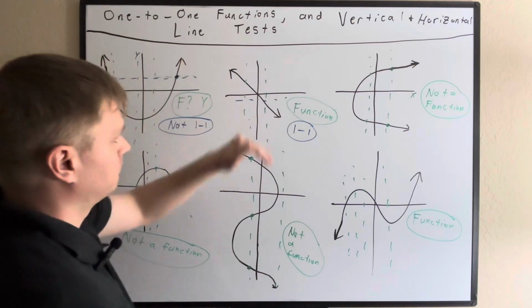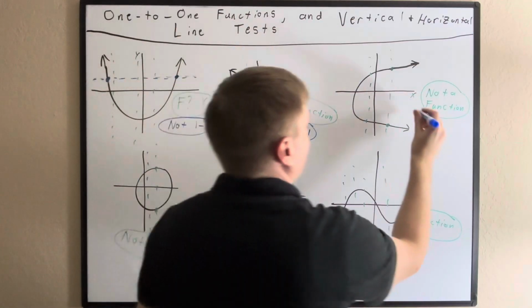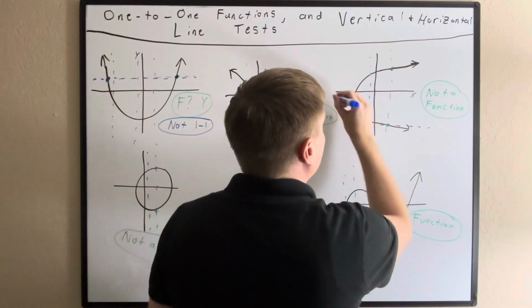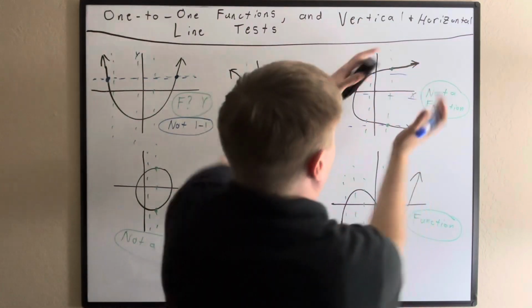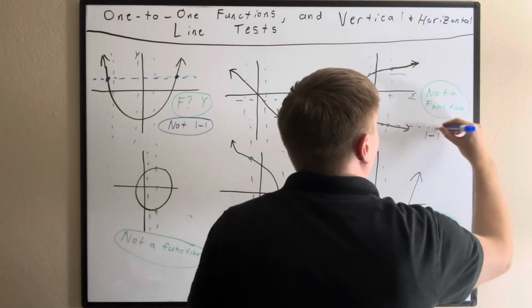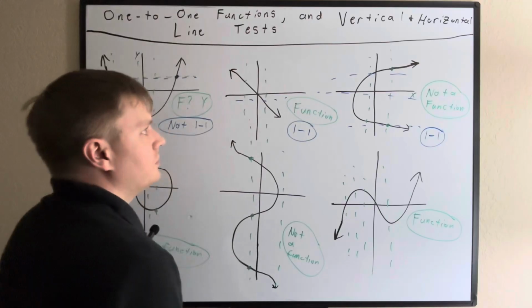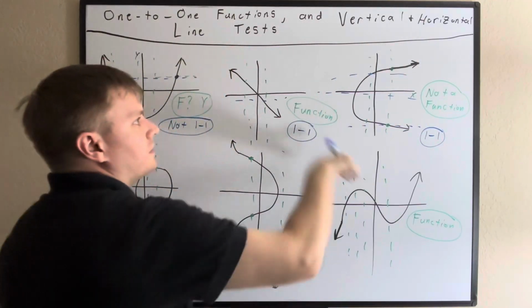Yep. All right, what about this one? Horizontal line test. Well, this one is like a parabola just flipped on the side, right? So yes, that is one-to-one. There's no horizontal line that you can draw that will cross the graph twice.